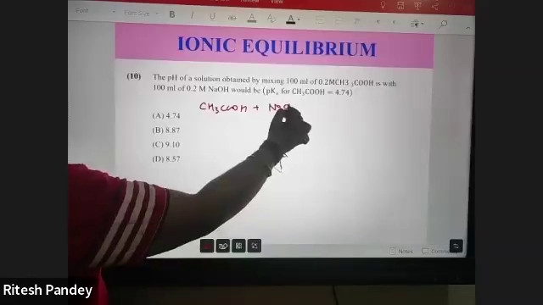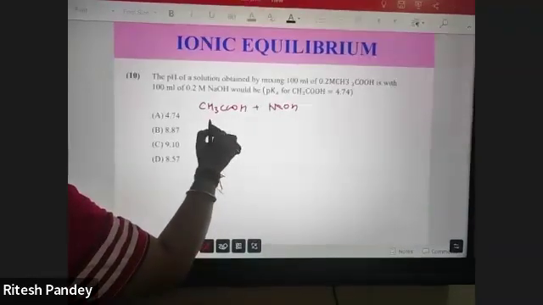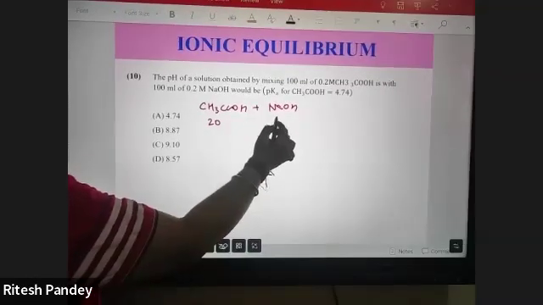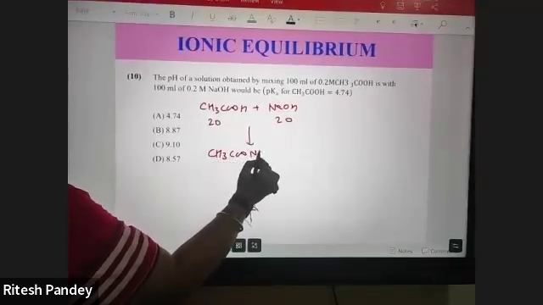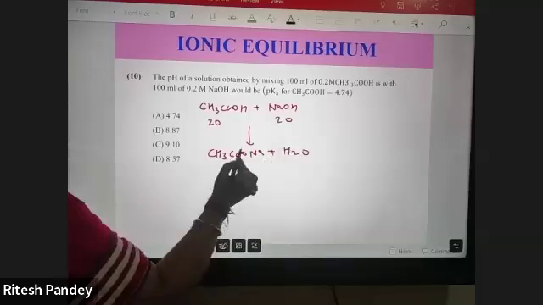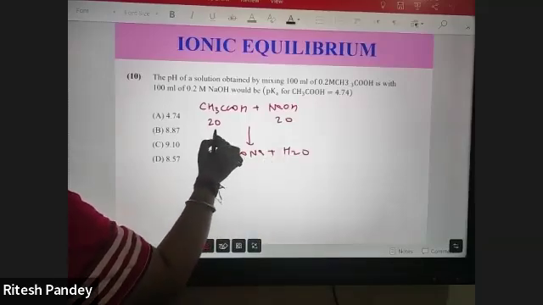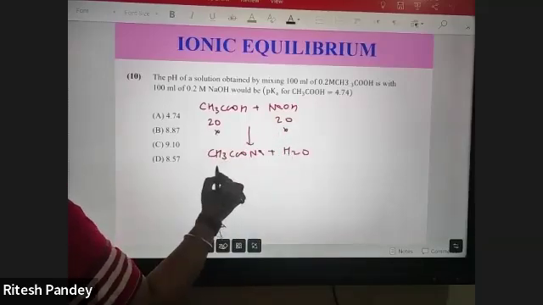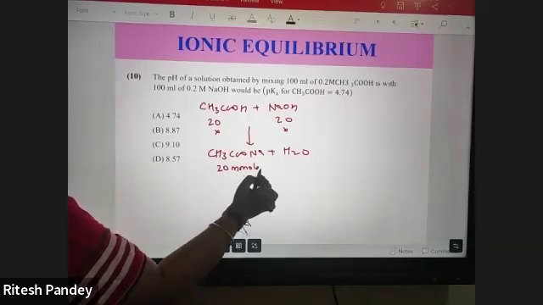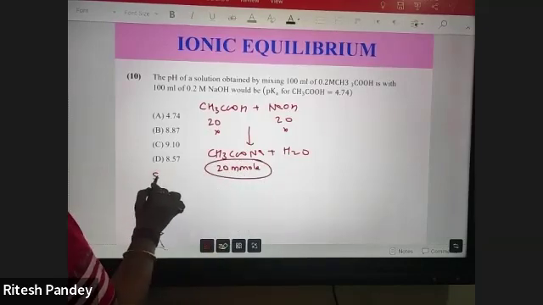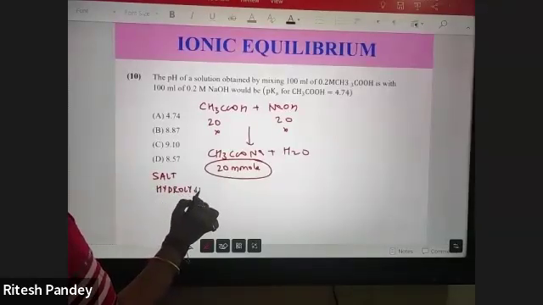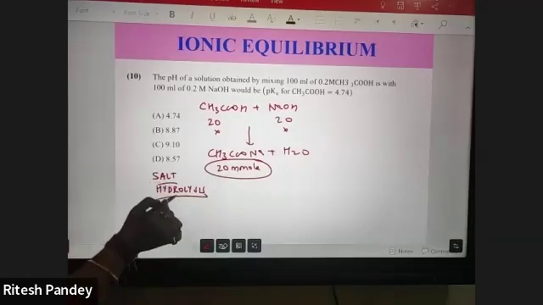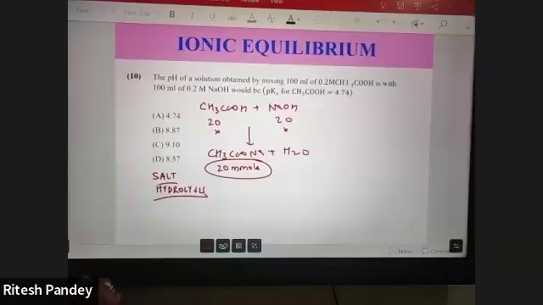Acetic acid with NaOH, and I reckon this is 20 millimole, and this is also 20 millimole. So this is a case of, tell me, what is the situation at hand? Both getting over. Salt hydrolysis. You have 20 millimole of salt form, and this is exactly how I introduced this topic, and this is exactly how this topic should be introduced.